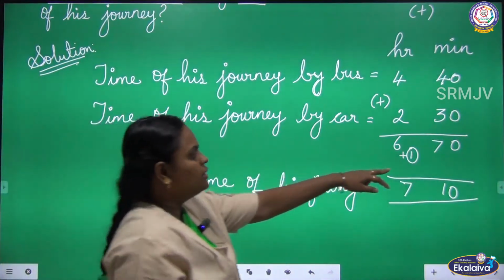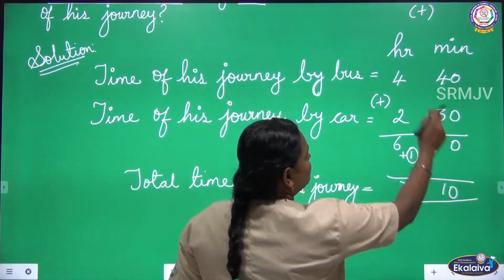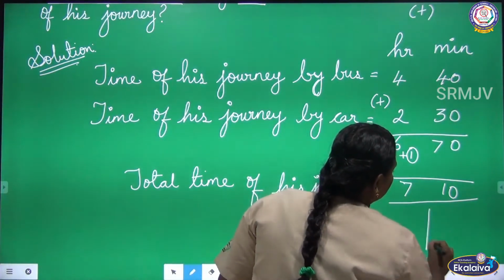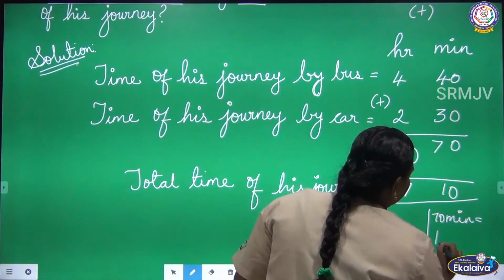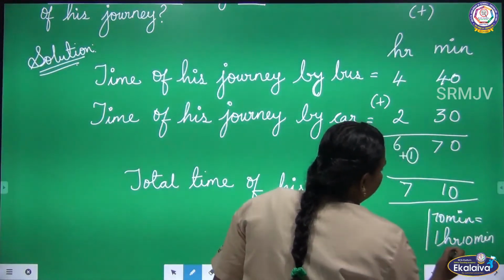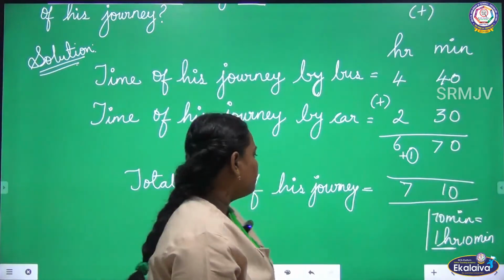See, listen children, here you have to convert 70 minutes into hour. So, in the rough column you can write 70 minutes equal to 1 hour 10 minutes. That is why we are adding 1 in the hour and then here I have written 10 minutes.